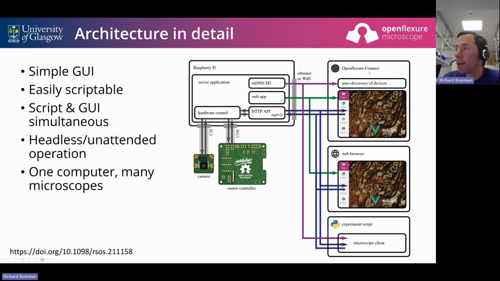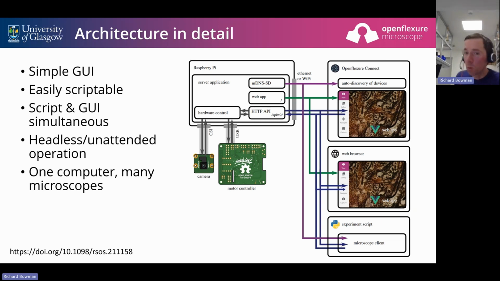And then you can either use an Electron app, that's OpenFlexure Connect in this picture, or just a web browser. Obviously, if you just use a web browser, you don't get the nice mDNS-SD discovery. But if you know the host name that it advertises itself as on mDNS for name lookup, you can still get that up in a web browser.